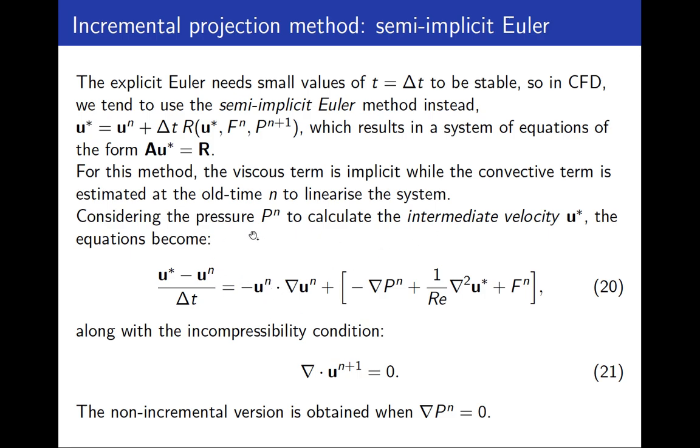So now we will consider a pressure Pn to calculate the intermediate velocity U star. This is the incremental projection method because we are considering Pn to evaluate U star. So we have equation 20 that has to be solved to find U star.